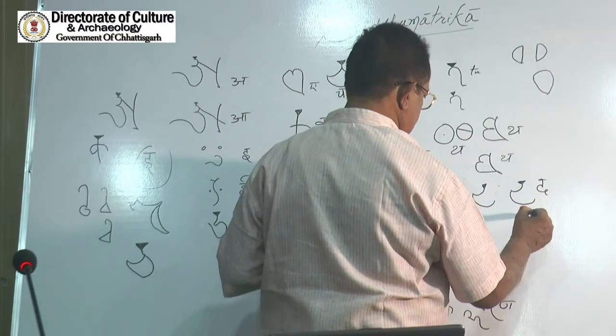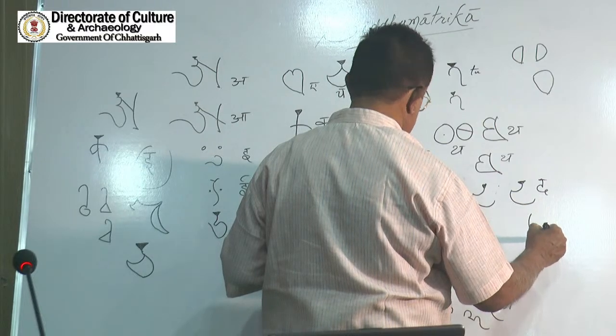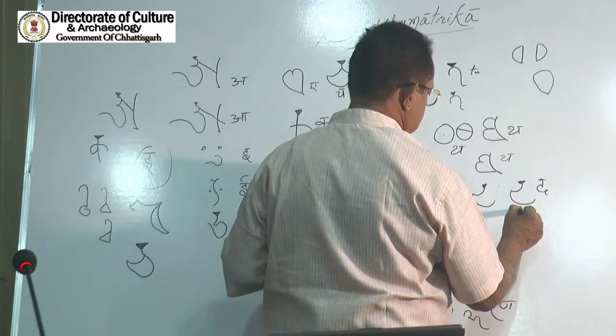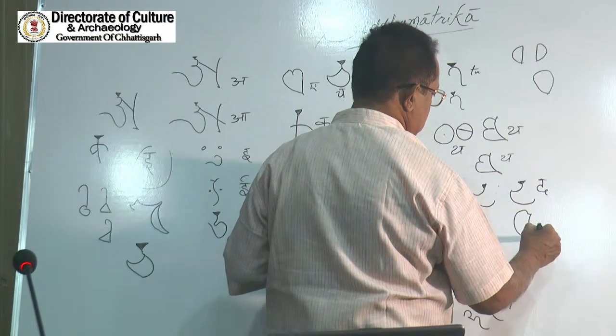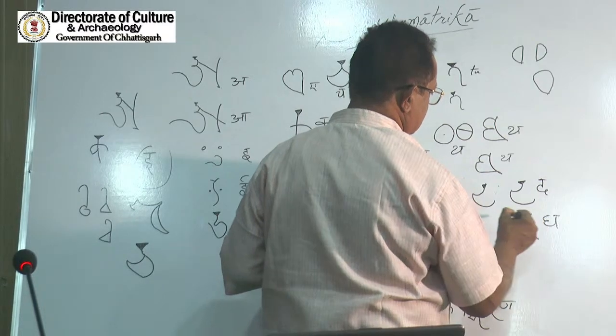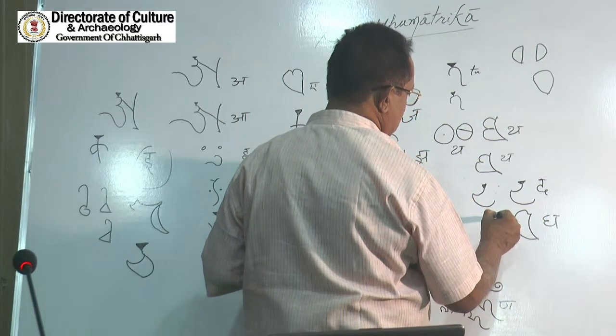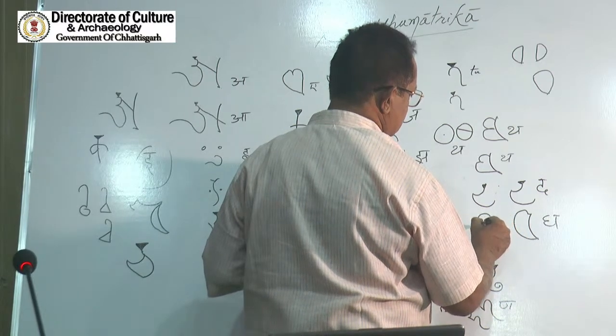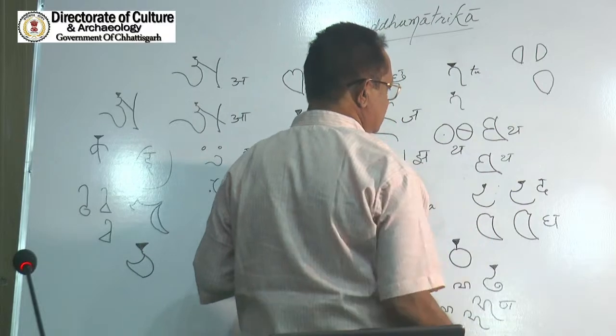Dha is first to form a stroke like this, then little, this is dha. See, a curve like this, and then like this.